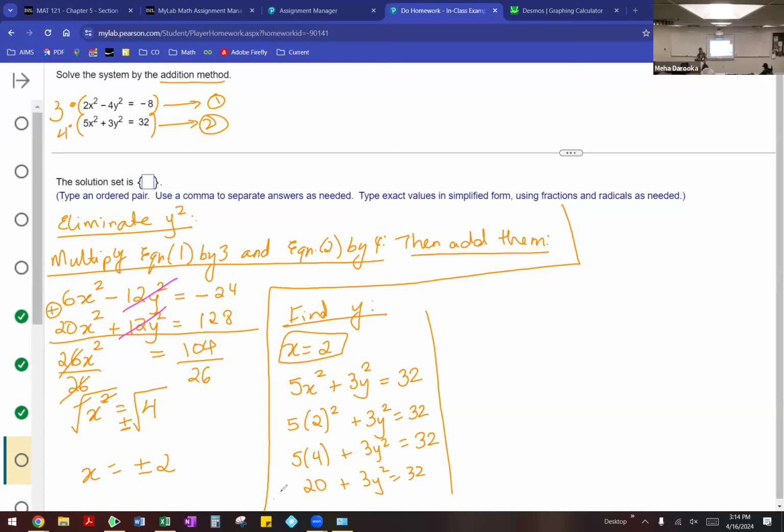Subtract the 20 on both sides, so you end up with 3y squared equals 12. Divide both sides by 3. 12 divided by 3 is 4. What's your y value going to come out to be for this one?